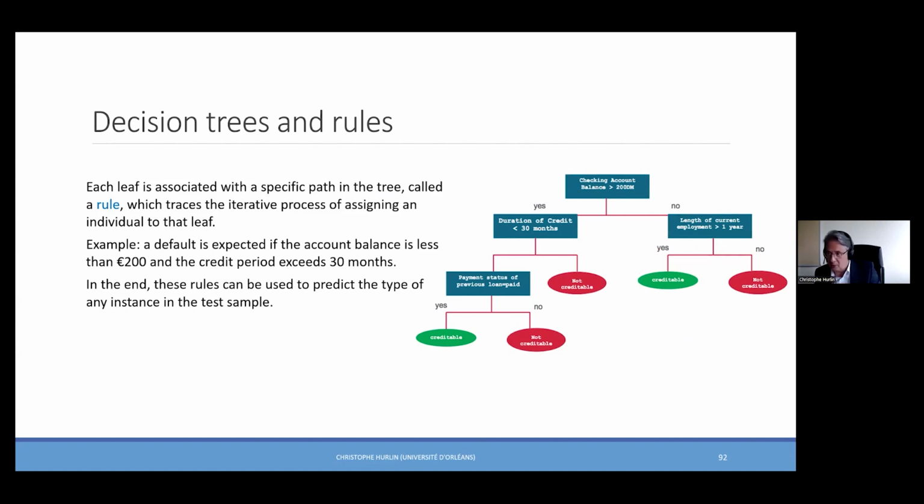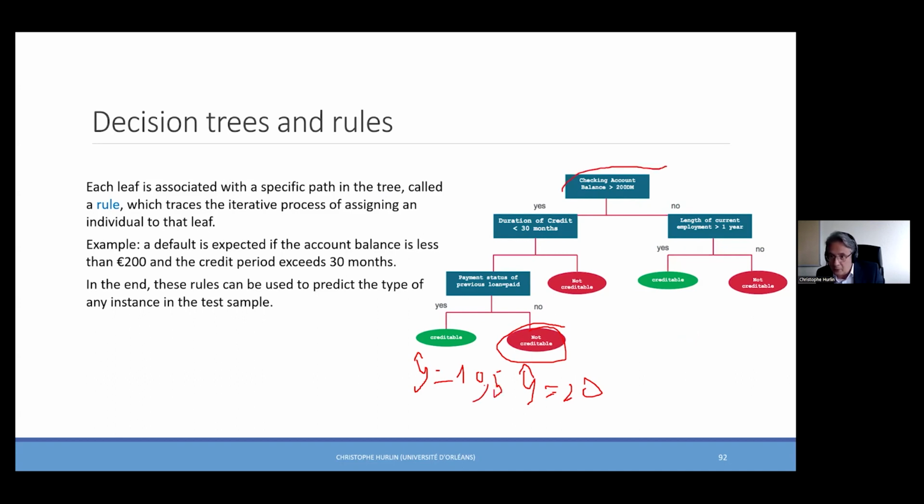This is a classification. In general, when you have a regression, in the leaf you have a value. For instance, here you will say y hat is equal to 20. Here, y hat is equal to 10.5.